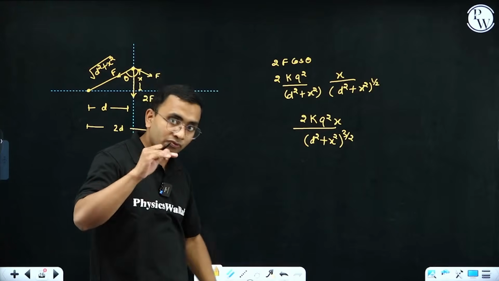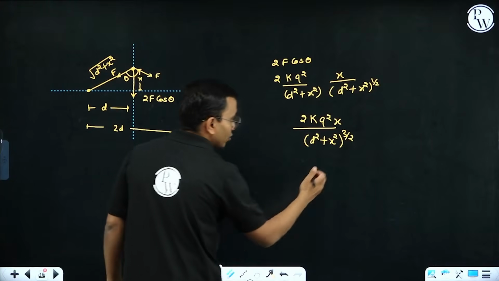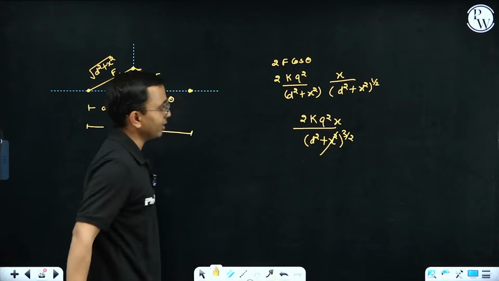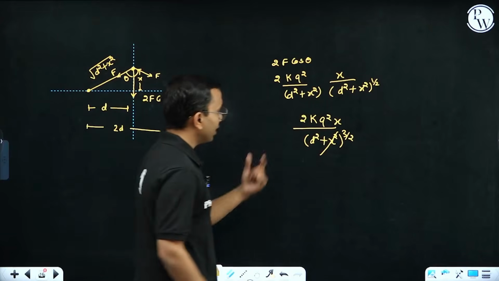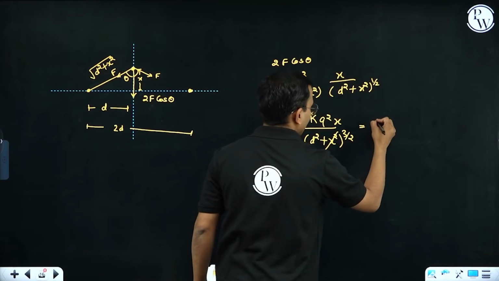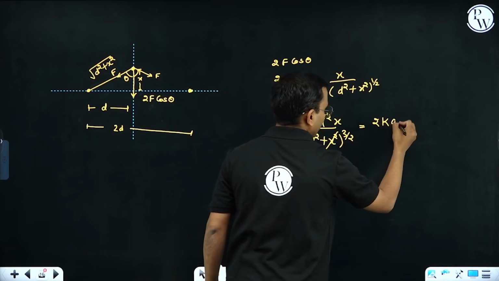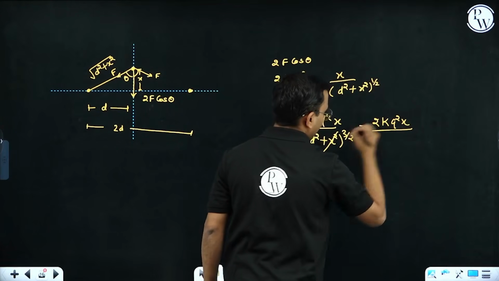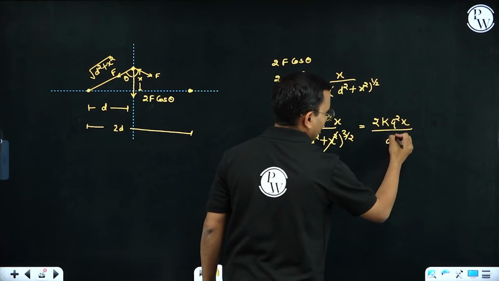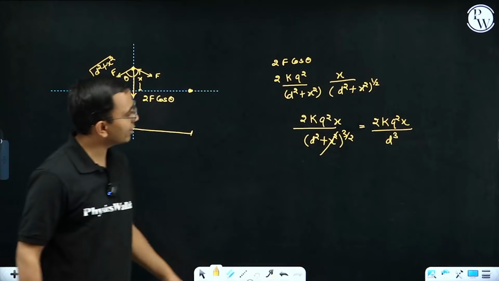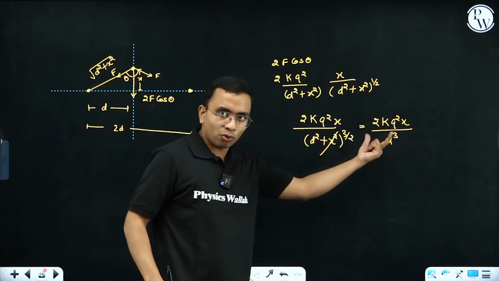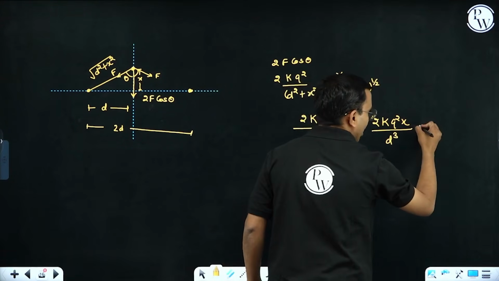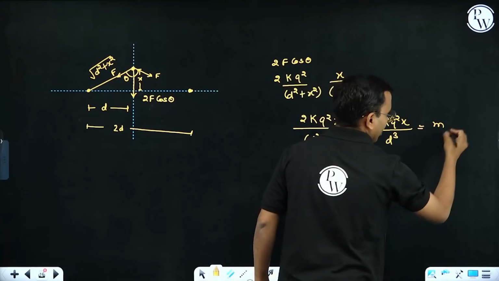So d square will be even bigger as compared to x square, so I can neglect it here. If I neglect it, this will become 2kq square x divided by d cube, isn't it?